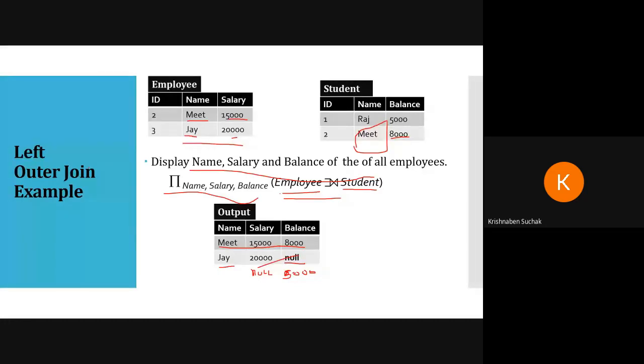Yes. And the person whose name is Jai, his balance will be null because in the second table, the balance of Jai is not given, and in the employee table, Raj's salary is not given. So Raj's salary and Jai's balance, both will be null in our full outer join.